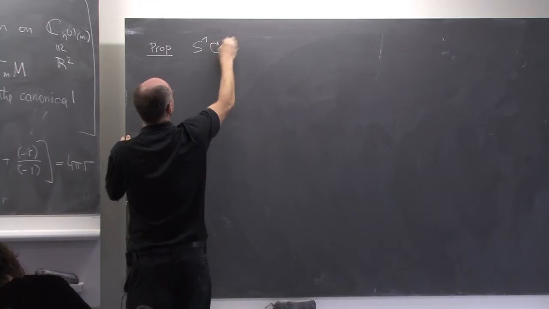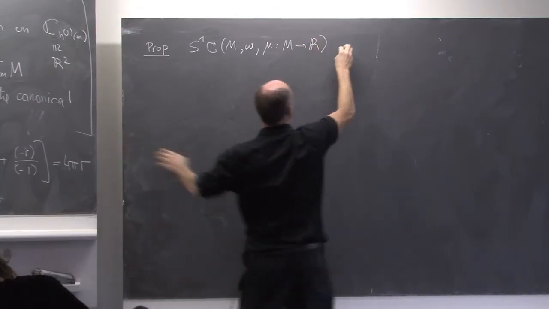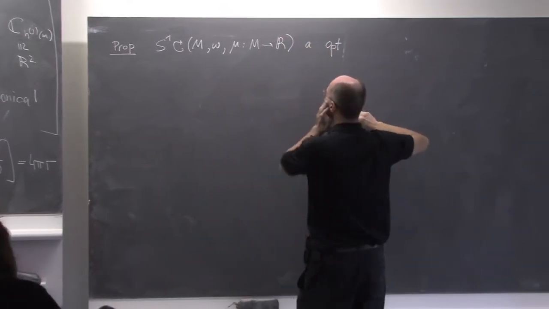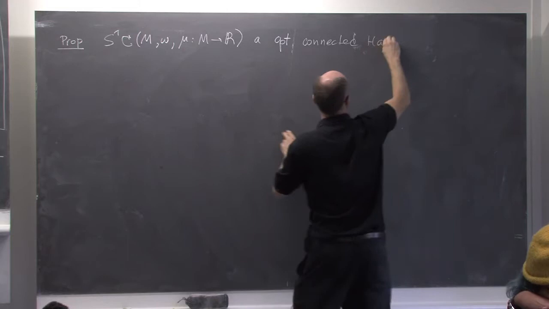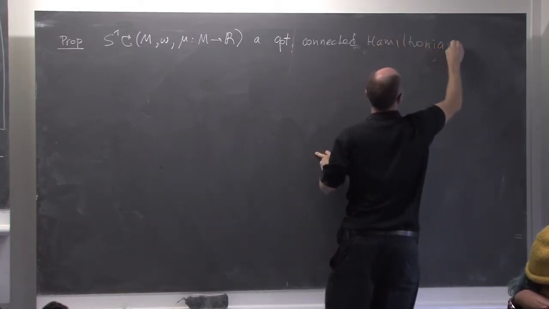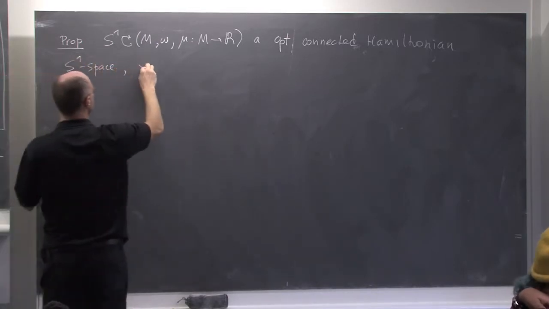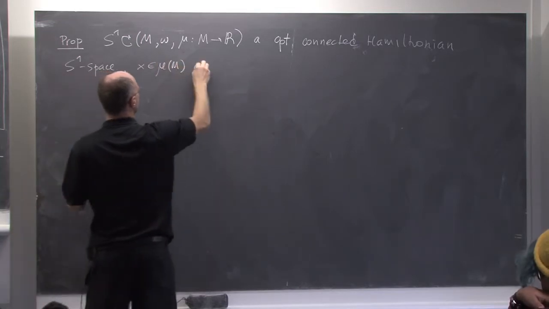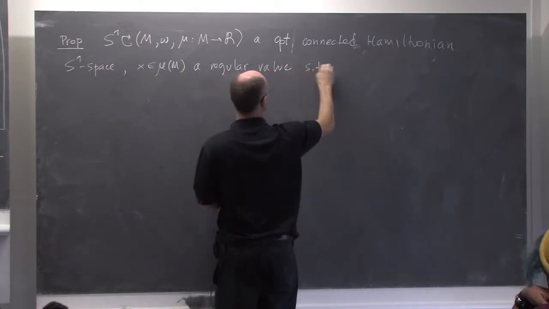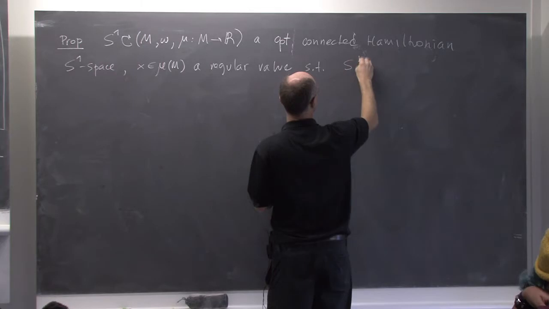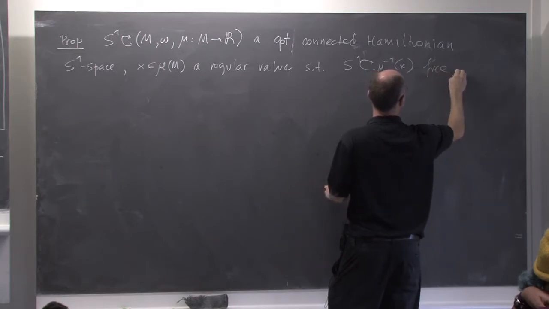So let's say (M, omega, mu: M to R) is a compact connected Hamiltonian S1 space, x in mu of M an irregular value such that S1 acts on mu minus 1 of x freely.